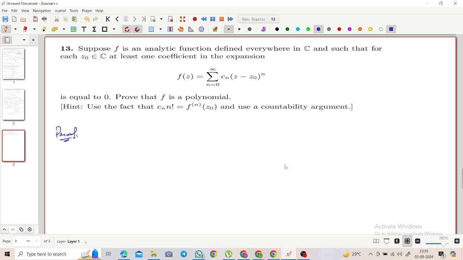So, see what we have got. This is a power series expansion of f around z equals z naught, right?